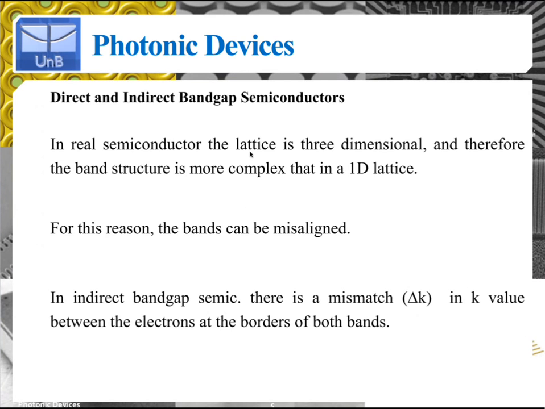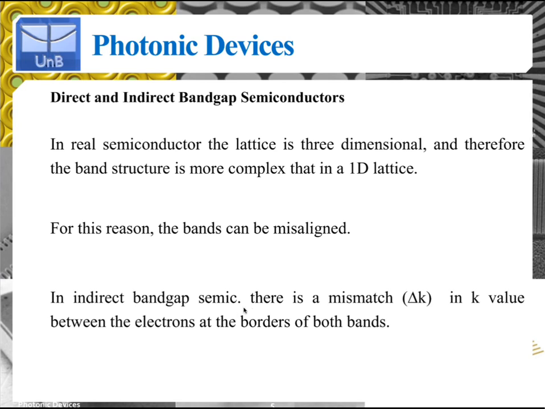In real semiconductors, the lattice is three-dimensional, and therefore it will be more complex. This is the case of what we just saw for silicon, right? We don't have a nice and symmetric lattice like the one we illustrated for the 1D periodic structure, but still you have similar features, and because of this, the bands can be misaligned. So you can have indirect bandgap semiconductors.